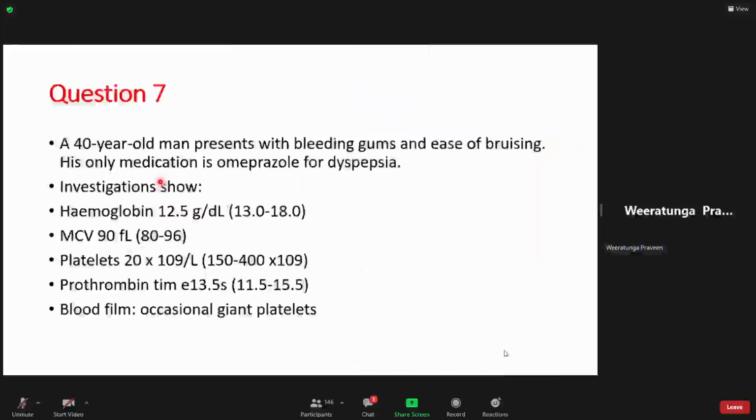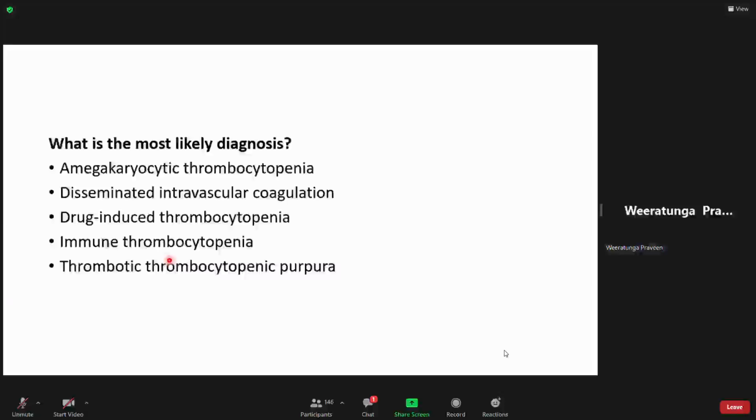There are bleeding gums, platelet count very low at 20000, giant platelets, nothing else. This is ITP, and ITP can cause giant platelets because, like in hemolytic anemia, when there is peripheral platelet breakdown the bone marrow starts producing immature platelets and releasing them into the circulation.